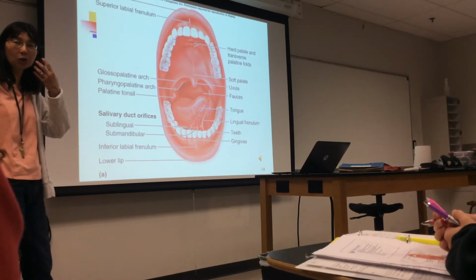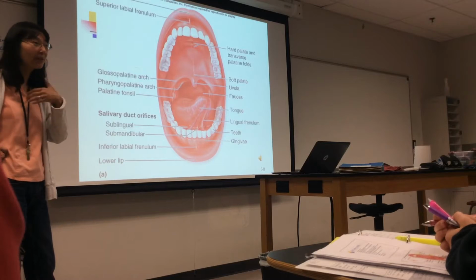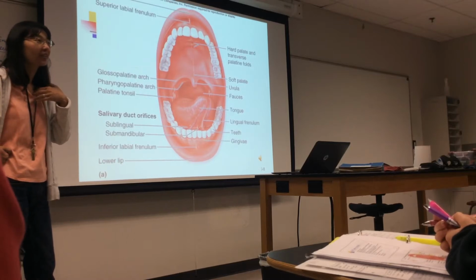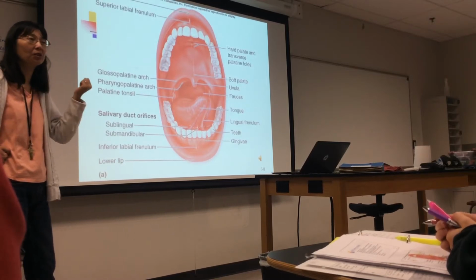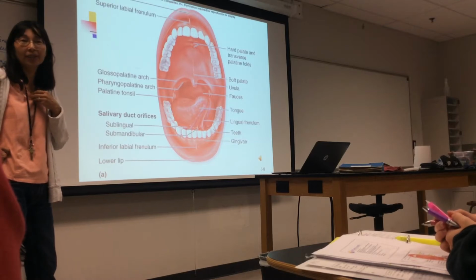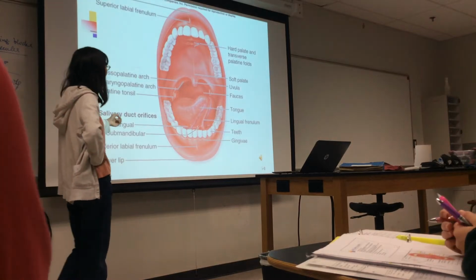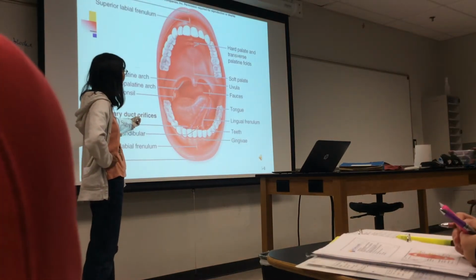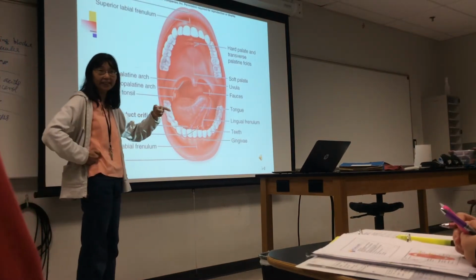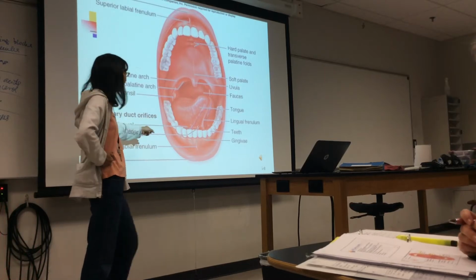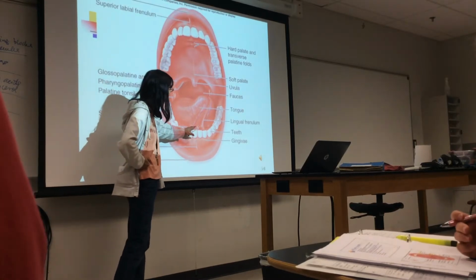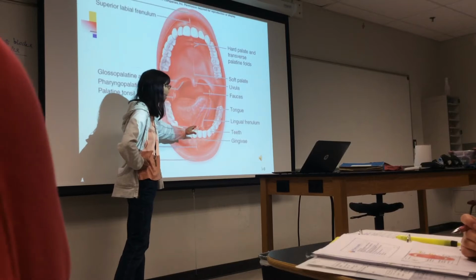Yeah, because it's an opening, yeah? They can come in to attack you, yes? So it makes sense to have part of the immune system right there at the opening. Salivary duct orifice. This is the opening of the salivary gland. You saw the salivary gland in lab, yes? So what kind of salivary gland might open underneath the tongue here?